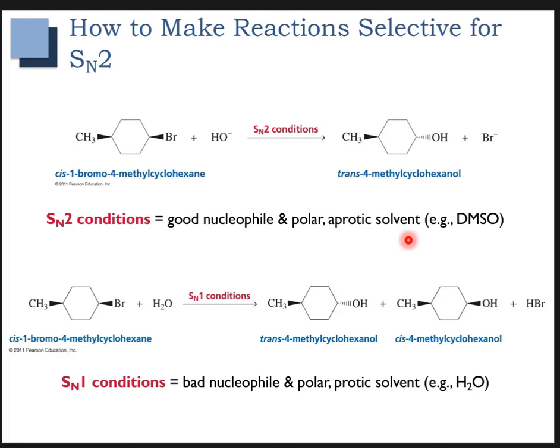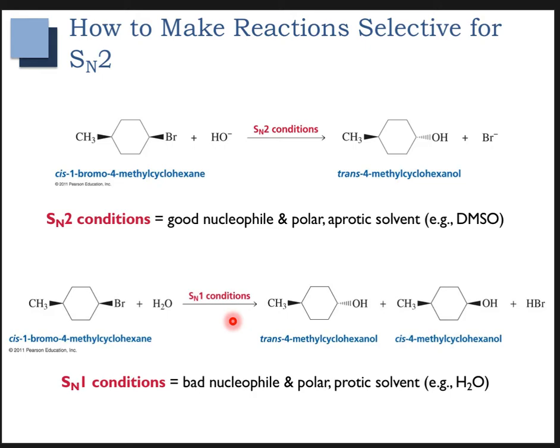Those are the key factors that you would like to include. So in this case, this is more of an SN2 reaction condition where you have a good nucleophile, hydroxide, probably coming from sodium hydroxide or potassium hydroxide. A solvent's not listed here, but we'd probably want to add a polar aprotic solvent like DMSO. That would be a good example.